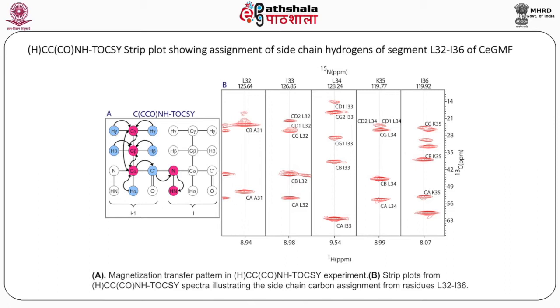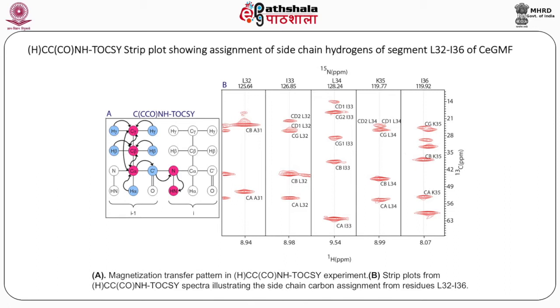The only difference from the previous experiment is that the magnetization again starts at the protons and is transferred to the directly attached carbons, and an isotropic mixing sequence is applied. But then after that, it is the carbon chemical shifts that are labeled in place of the proton chemical shifts that were labeled in the previous experiments. The rest of the experiment is the same.